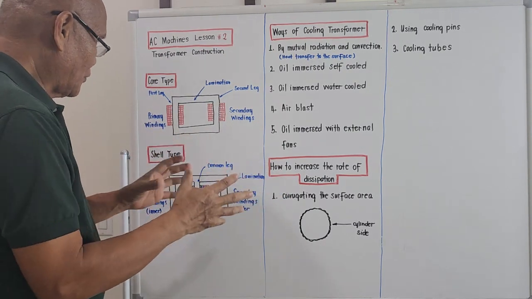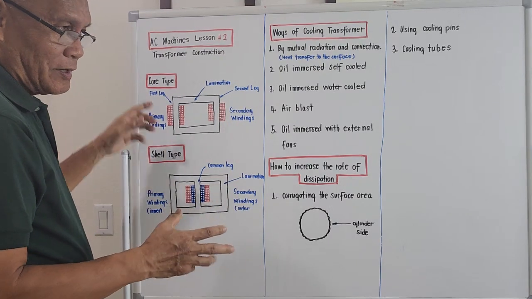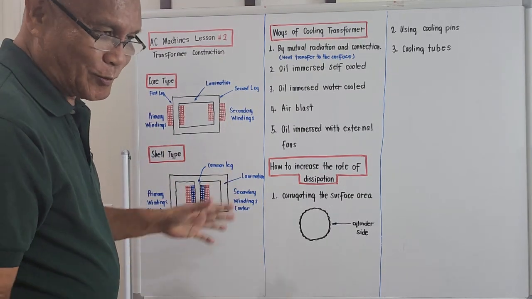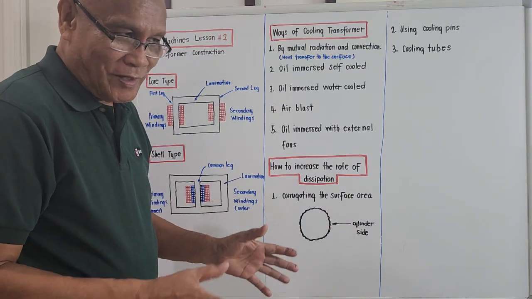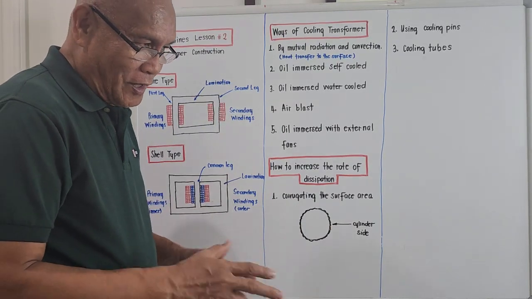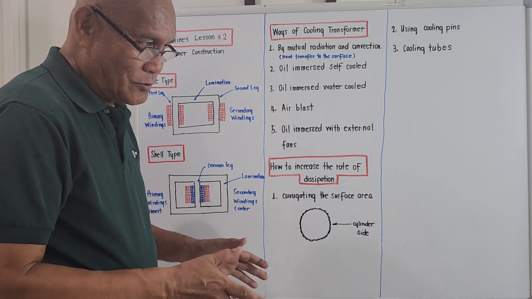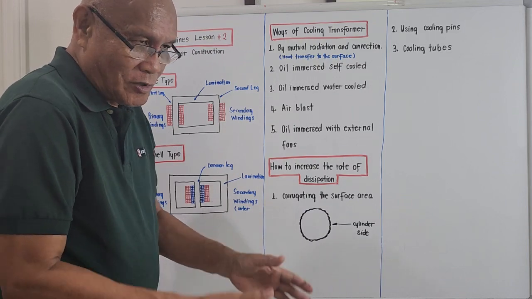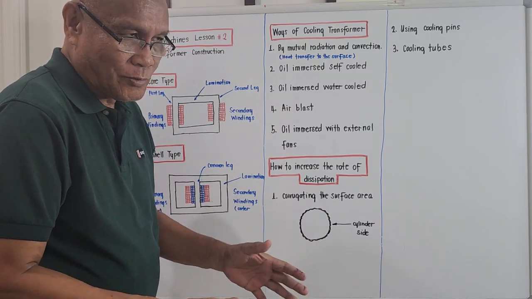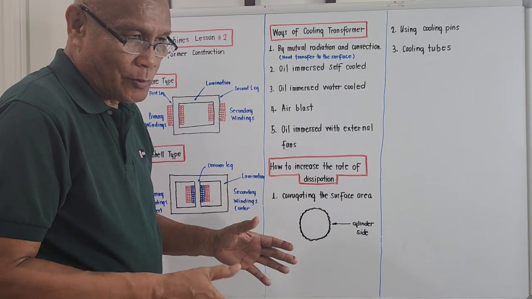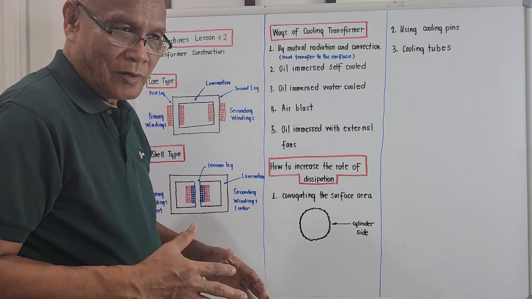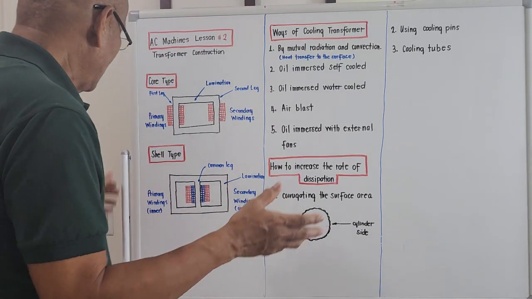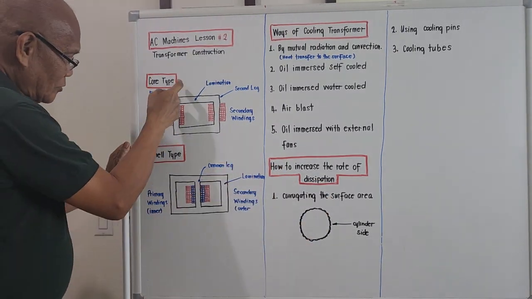Our lesson will be something like storytelling, but at least we are educating people who don't know yet about the construction of transformers, how transformers are constructed, and what's inside of the transformer. The number one construction type is the so-called core type.